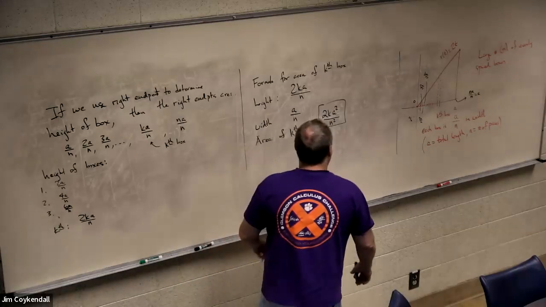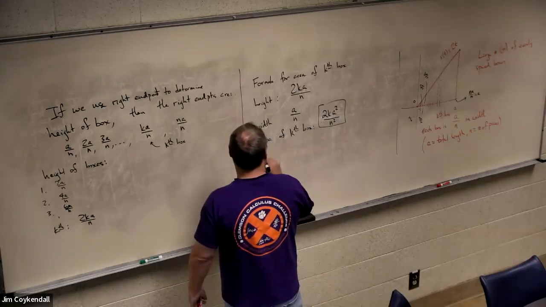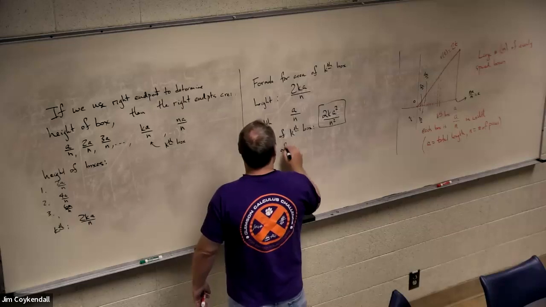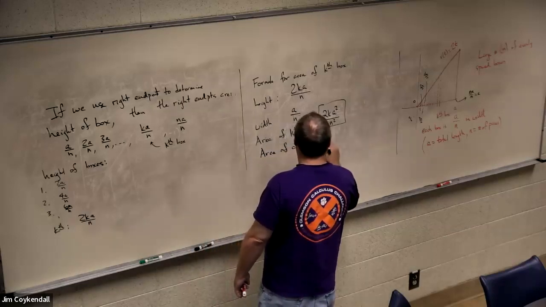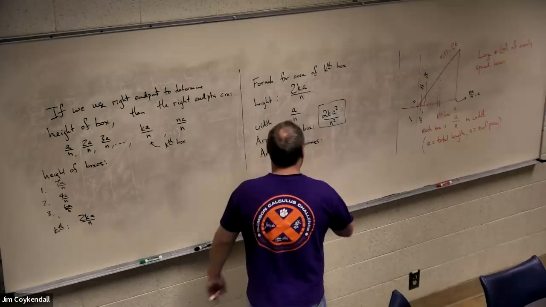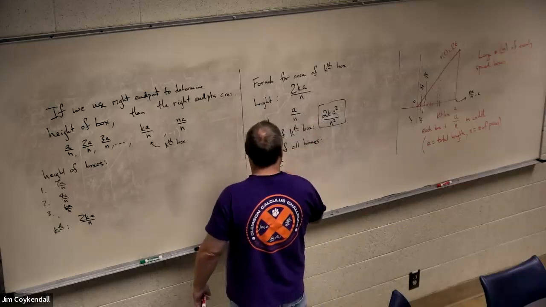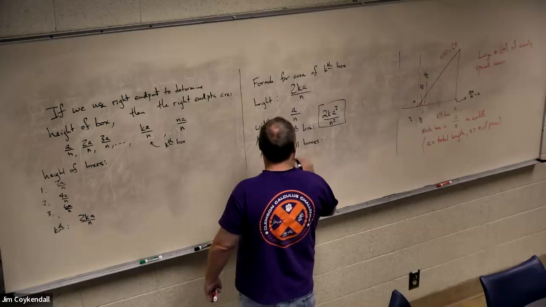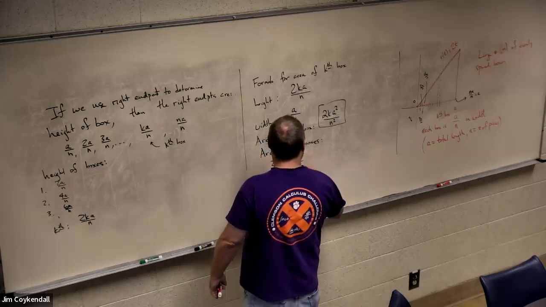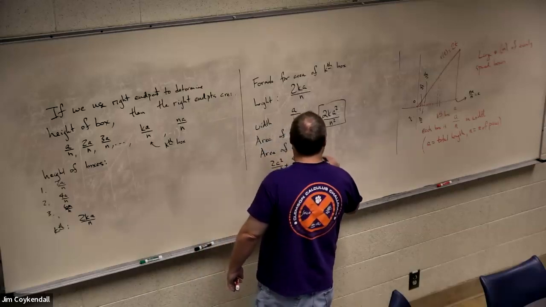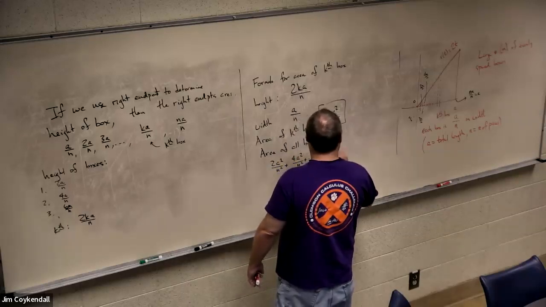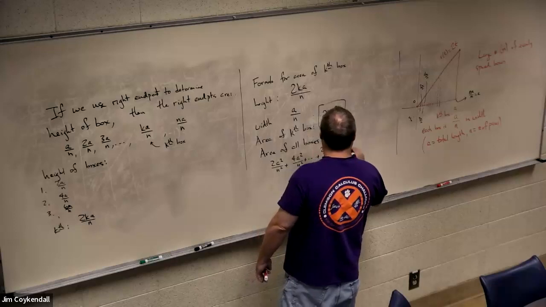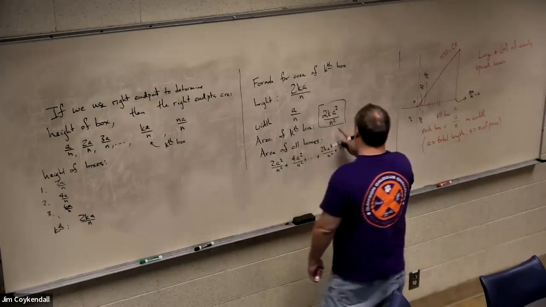So the area of all boxes. Well, we got our first box, and we got our second box, and we've got our kth box, and we've got our nth box.